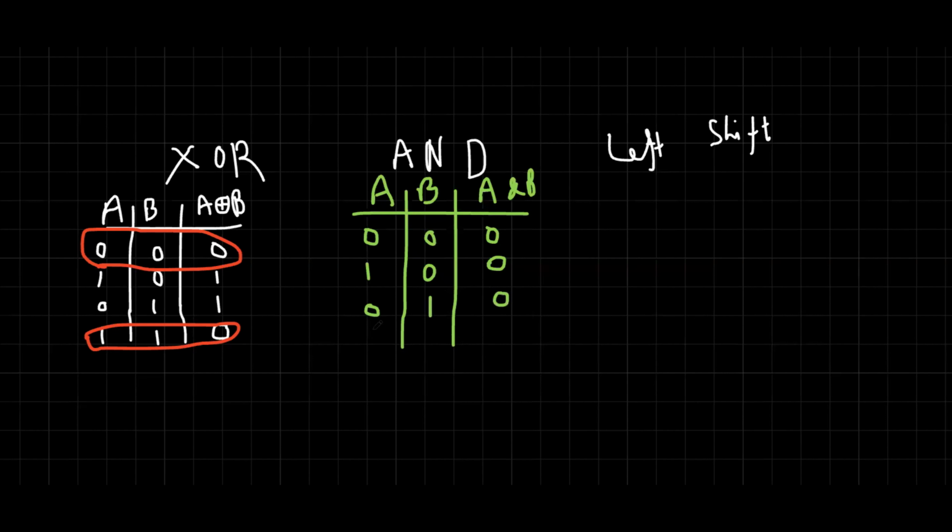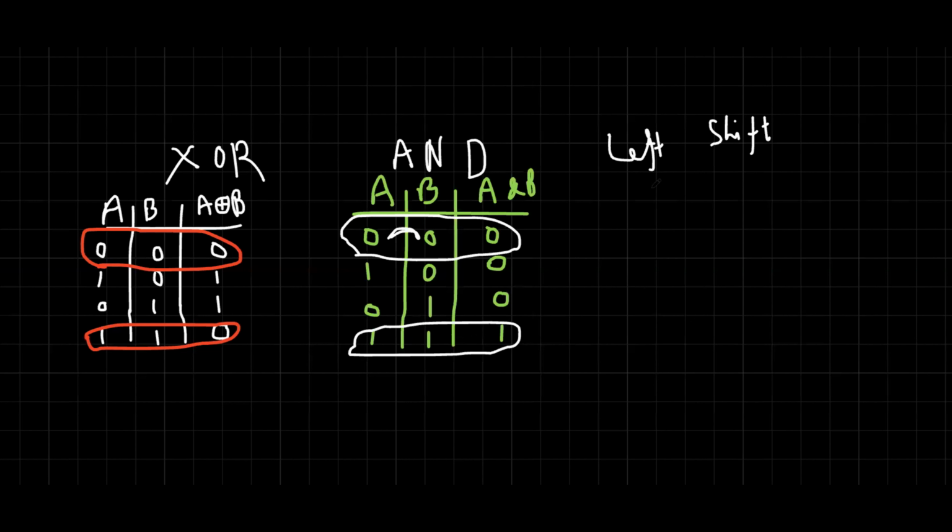And if the value of A is 1 and the value of B is 1, their AND will be 1. So here, another conclusion is if both bits are equal, the output will be equal to either of the bits. Here A and B are 0, so the output is 0. And here A and B are 1, so the output will be 1.